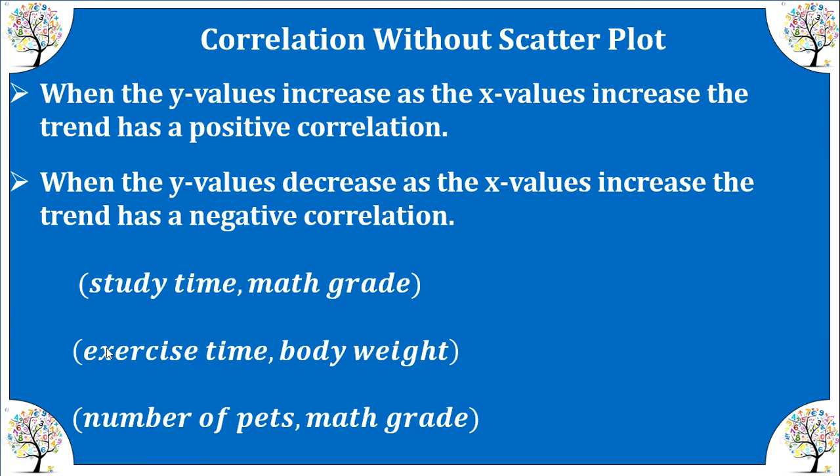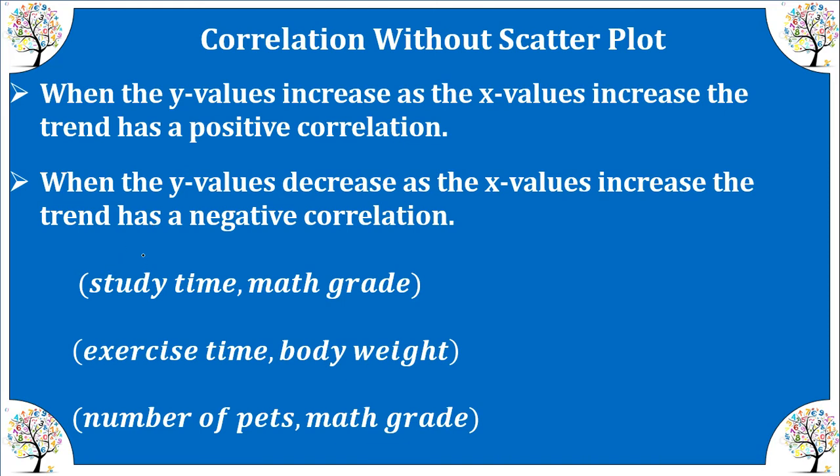So a correlation without a scatter plot. When the y values increase as the x values increase, the trend has a positive correlation. When the output values or the y values decrease as our x values increase, the trend has a negative correlation.